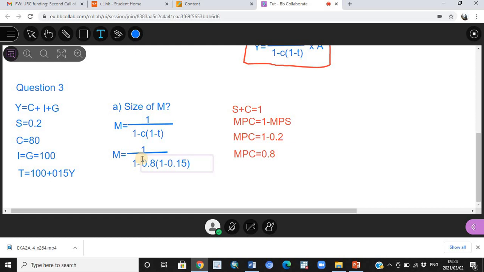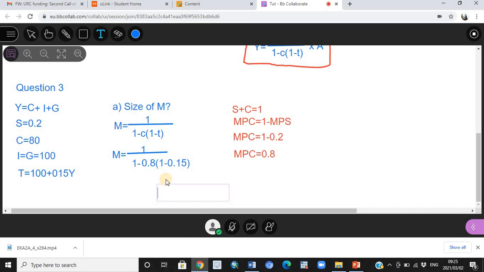All right, so there we go. 1 minus 0.15, just going to use here my calculator. 1 minus 0.15 is 0.85. Okay, 0.85 multiplied by 0.8, 0.68. Okay, 1 minus 0.68, 0.32.